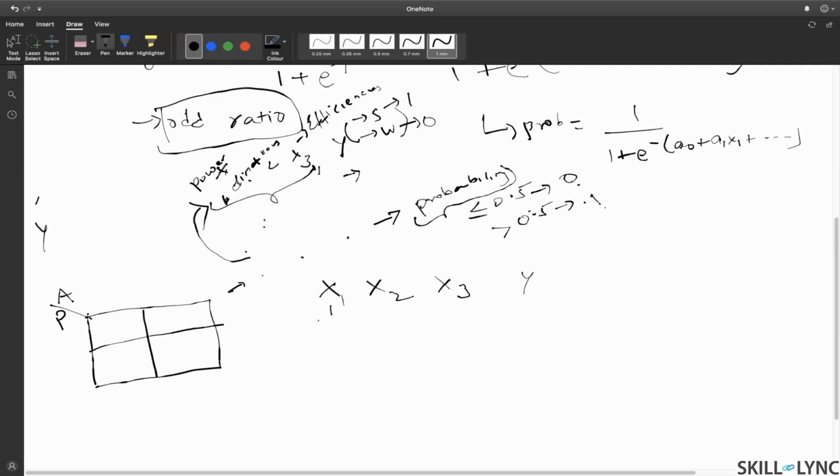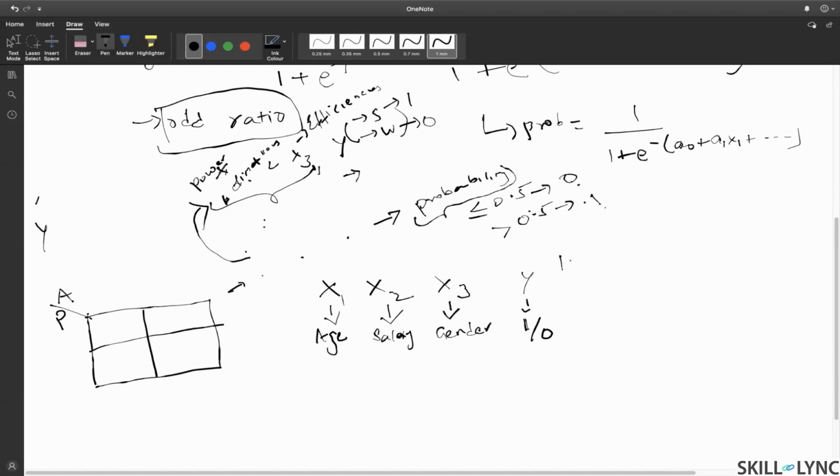Okay, x1 denotes the age of a person. x2 denotes the salary of a person. x3 denotes the gender of a person. Now y is to predict whether a person has a car or not.